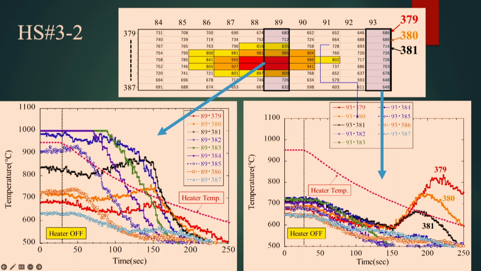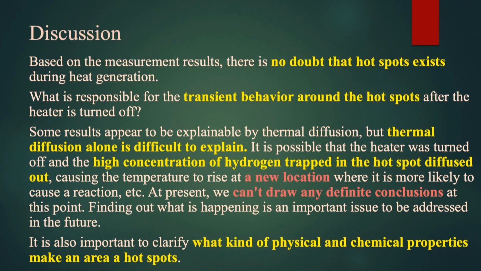So it's very complicated, and at present we cannot reach a definite conclusion, but anyway, these data show that there is no doubt that hotspots exist during heat generation. But what is responsible for the transient behavior around the hotspots, as I showed, after the heat is turned off?